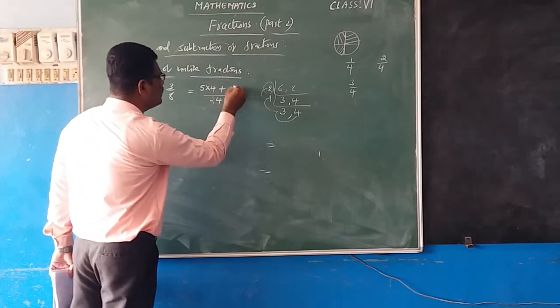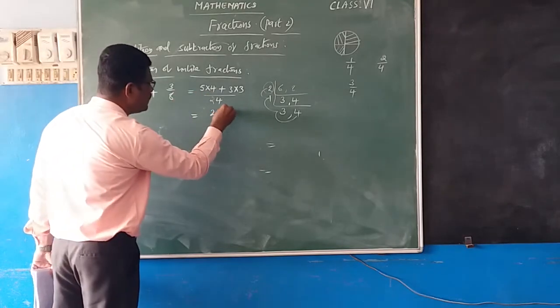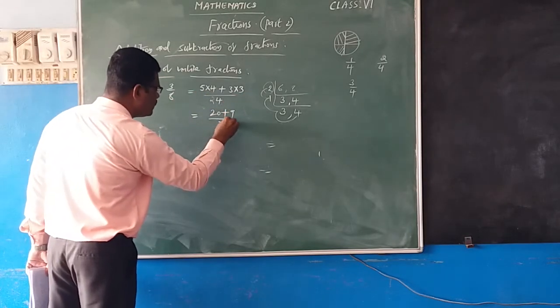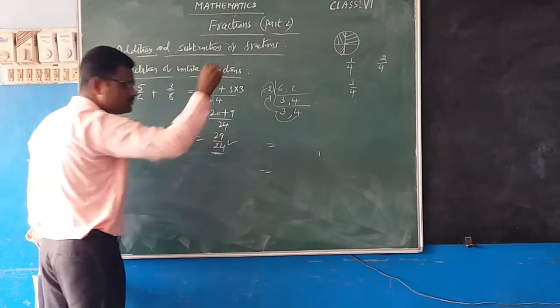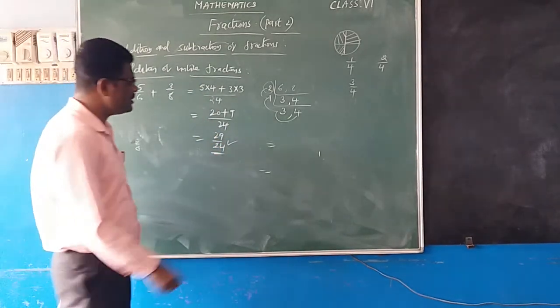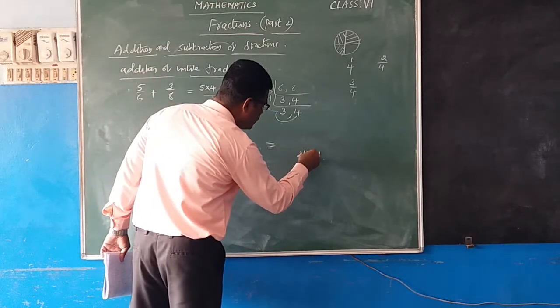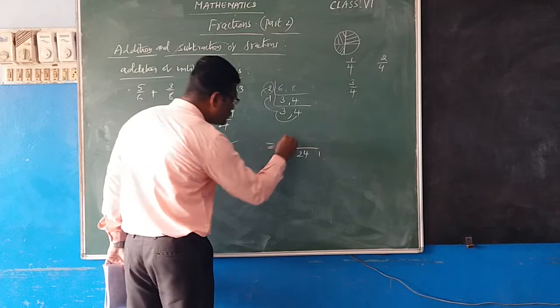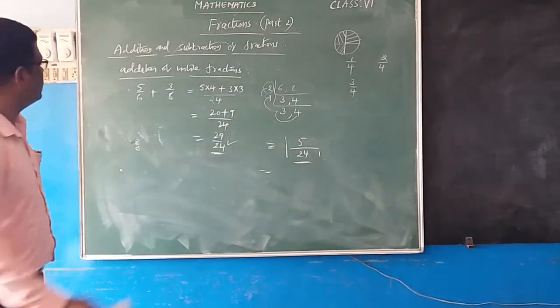So we need to multiply 3 into 3. That is equal to 5 fours are 20 plus 3 threes are 9 by 24. 20 plus 9 is 29 by 24. This is the answer. It is an improper fraction. Can we write it as a mixed fraction? Yes. 24 is the denominator. How many times does it go? 1 time. What remains? 5.